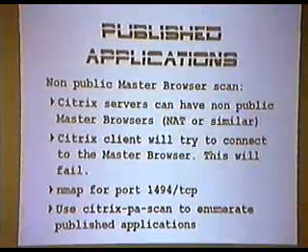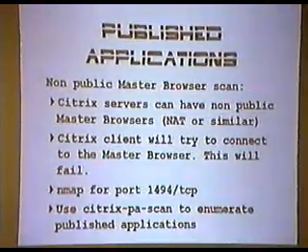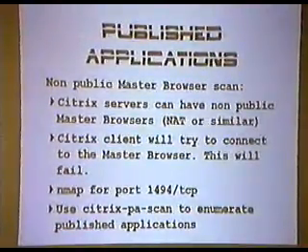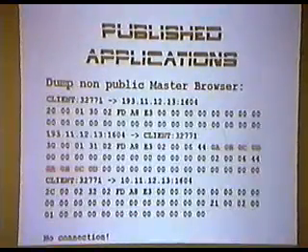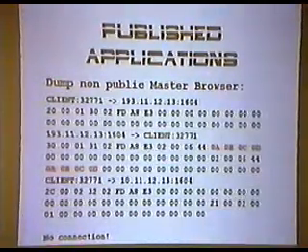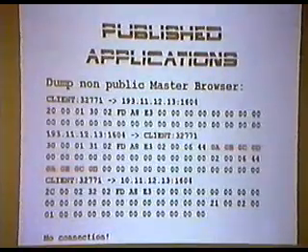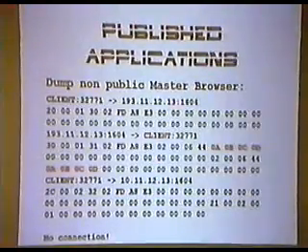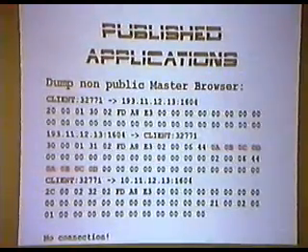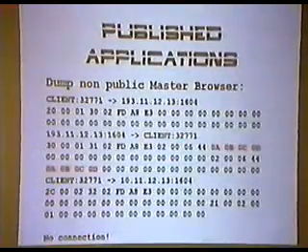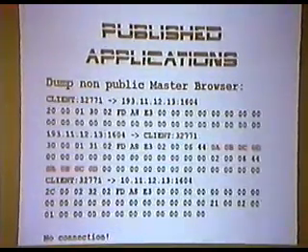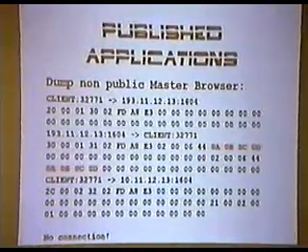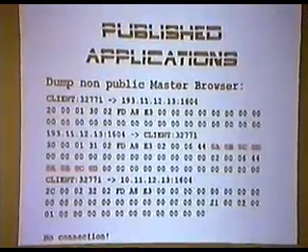So I have written a small tool that just asks the Citrix server directly, give me your published applications. Because otherwise, if you use the Citrix client connecting to a Citrix server and ask for published applications, of course the client asks, where is the master browser? And the server answers it's 10.11.12.13. So the client tries to connect to it, and of course, no connection.